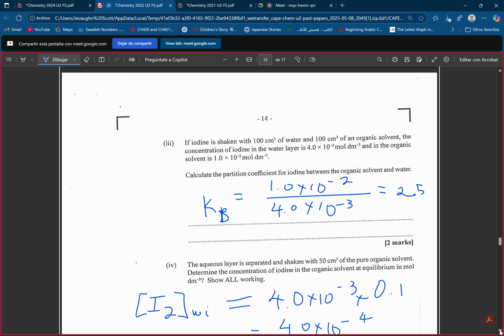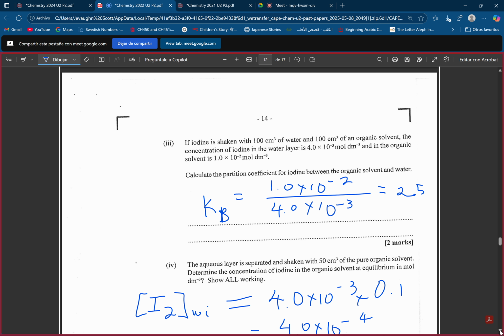Do we understand what that means? And then after that, the aqueous layer is separated off. So whatever is left in the organic phase is left in the organic phase. We'll only take the aqueous phase. So that's 1.0 times 10 to the negative 2 moles that is left in the organic phase. And now we take the aqueous phase alone and shake it with 50 centimeter cube of pure organic solvent.